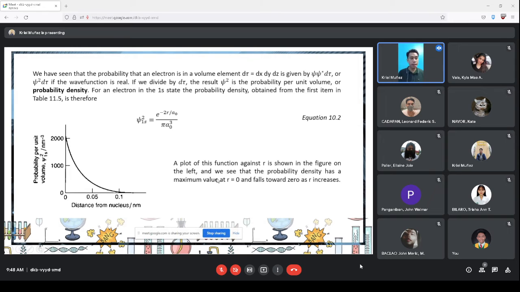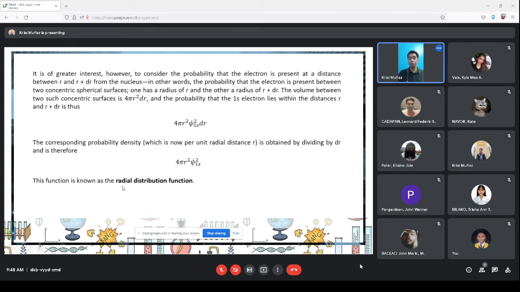If not, class, kindly call me and then try to ask anything. And then it falls towards 0 as r increases. Tulad ng na-discuss natin kanina, since yung r natin class is part of a negative exponent, you would see na habang tumataas yung kanyang value, lumiliit ng lumiliit yung value ng ating wave function. Okay? So hanggang sa maging 0 siya.